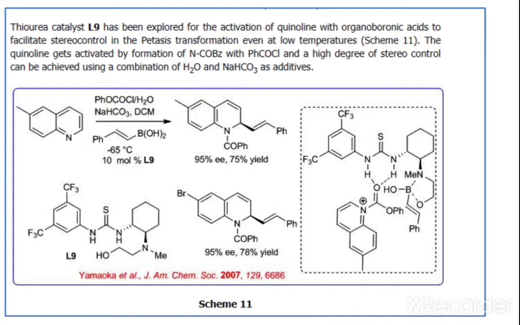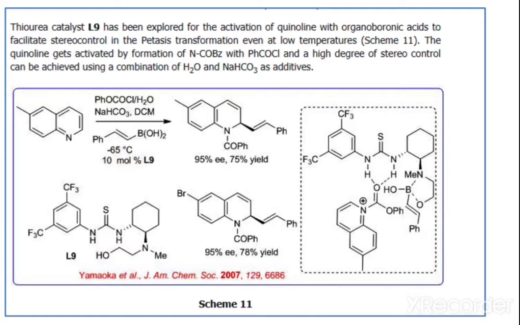Now the thiourea catalyst L9 has been explored for the activation of quinoline with organoboronic acids to facilitate the stereocontrol in the dearomative transformation even at low temperature. The temperature mentioned here is minus 65 degrees Celsius.